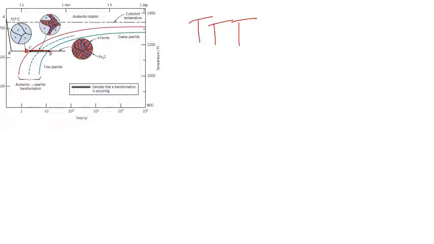But if you let the time increase more, then you will see that the ferrite and the iron carbide formed, right? So here above there is coarse perlite, and when you move down, right, so here is fine perlite. So you have to notice that just close to this line, here is coarse perlite, and above there is fine perlite.